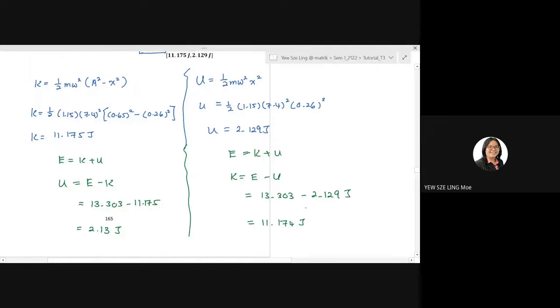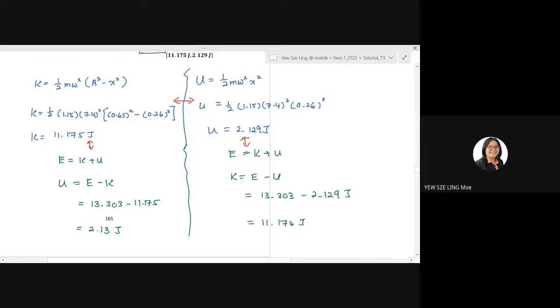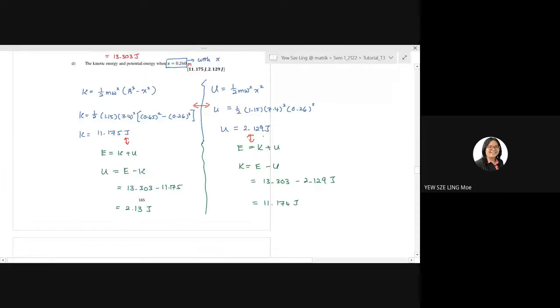Also can. So it's up to you which combo you want to use, this combo or this combo. It is totally up to you.